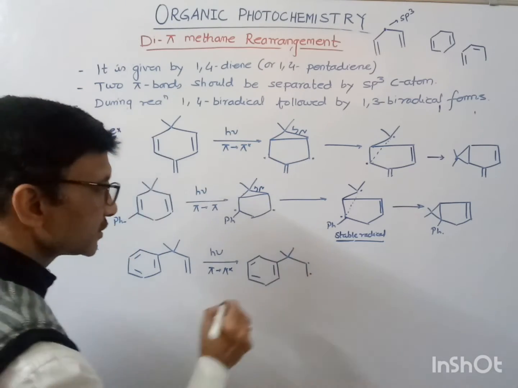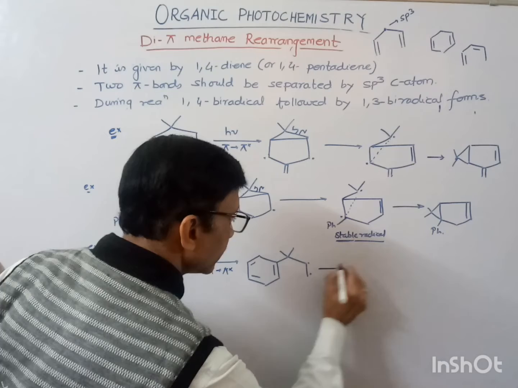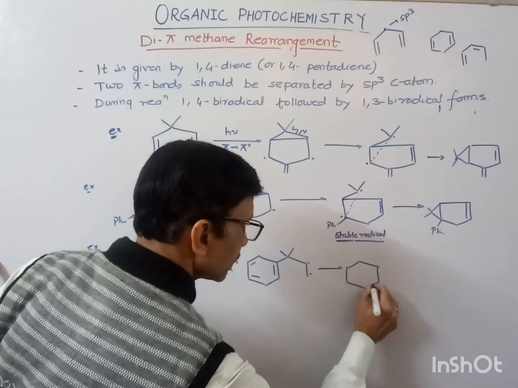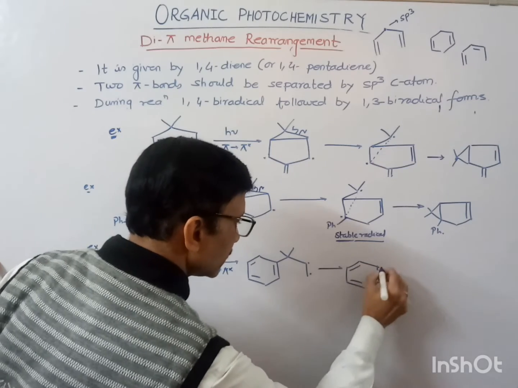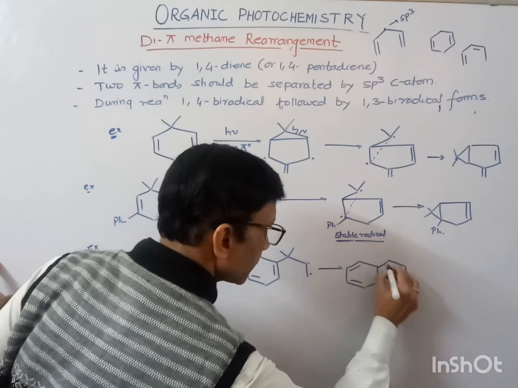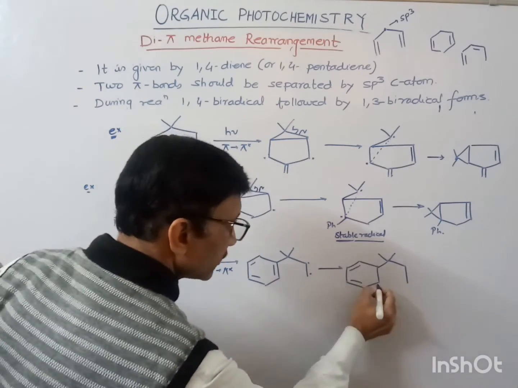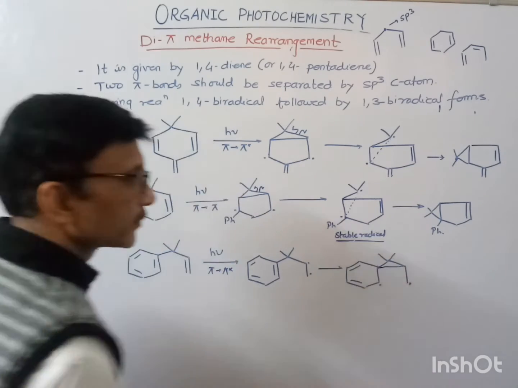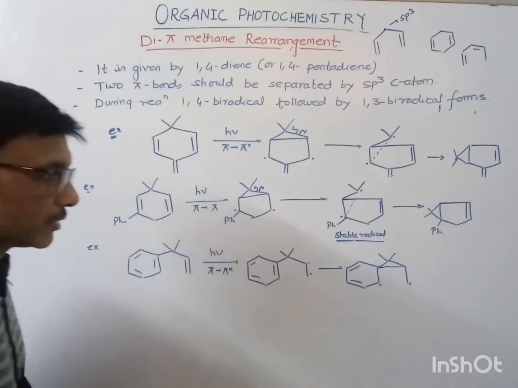This is our excited state, and now it may give the 1,4 radical, and one radical will come over here, another radical, and the new 3-membered ring will be formed.